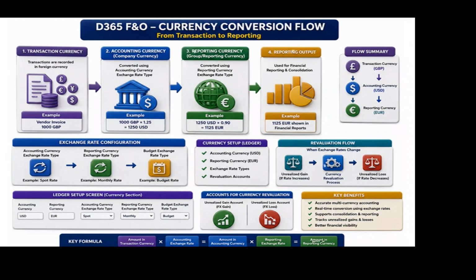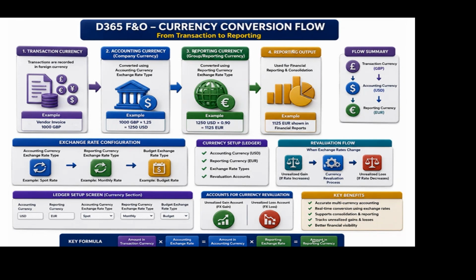And then we have reporting currency, which is used for group reporting. This is where you have a group. For example, if we have a group company in the UK and we have other companies in other countries, those countries' accounting currency will be their local currency.